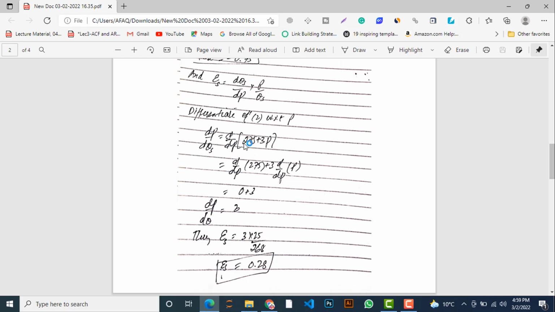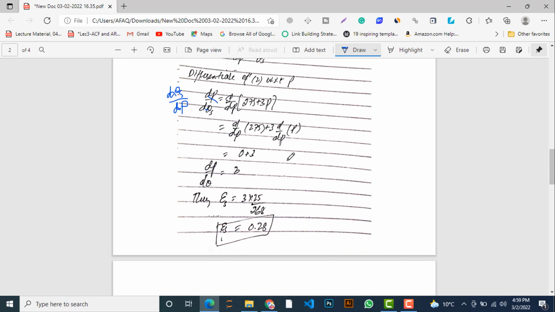So d over dP of 275 plus 3P, which is d over dP of 275 plus 3 d over dP of P. Now the constant is 0 and we get 3.